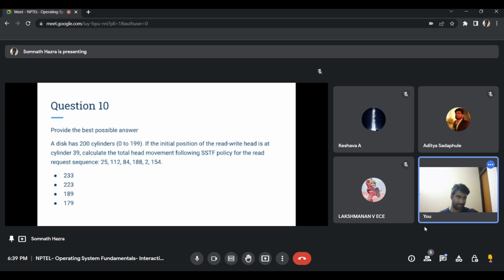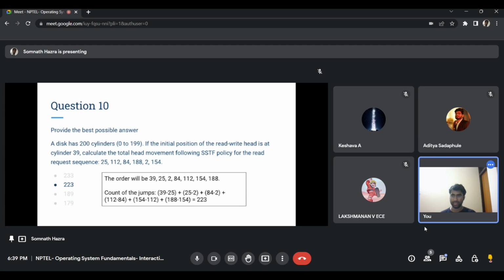Okay, let's get to the answer then. Yes, 223 is correct. This will be the order in which the disks will be accessed, in which the read-write head will move and the request sequence will be satisfied. First it is at 39, then it will go to 25 because that is the closest to 39, and then 2, and then with the same logic the rest.